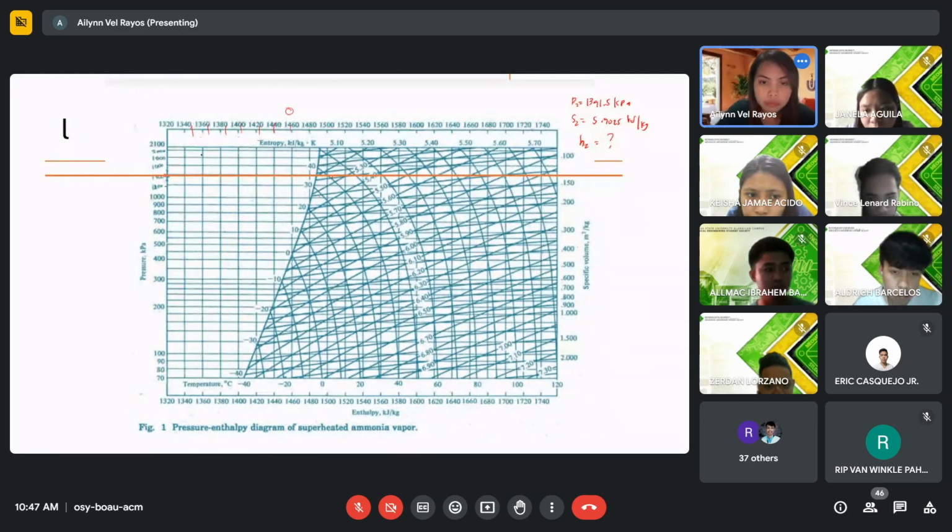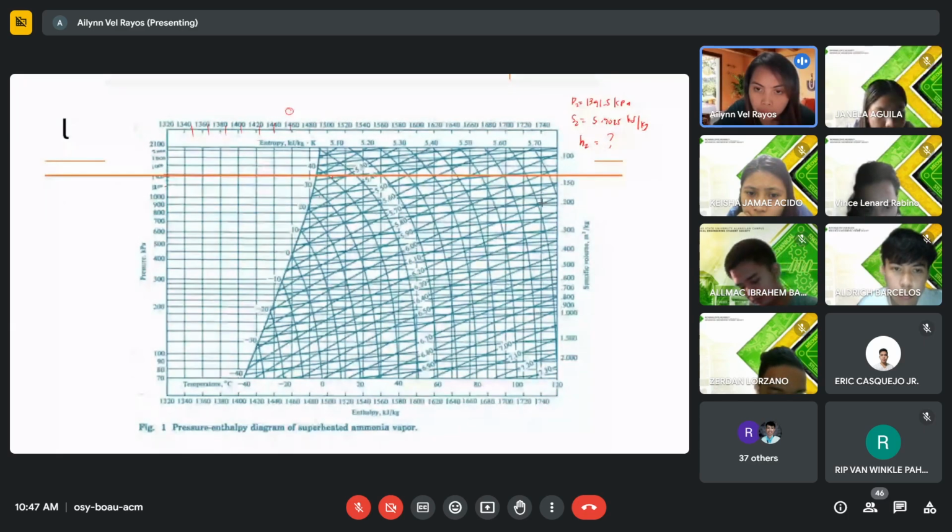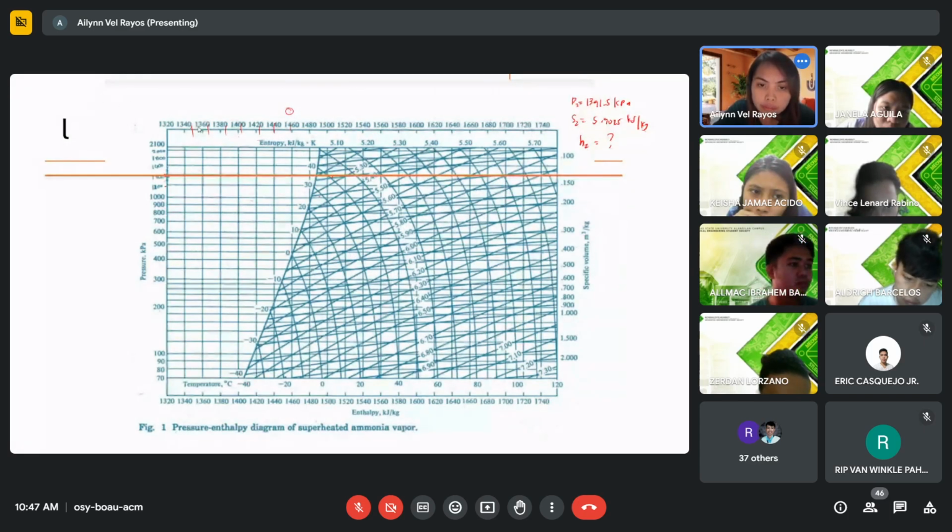Okay. Try natin. Pa-curve din pala siya. Almost. Pa-curve din siya. Try ko.